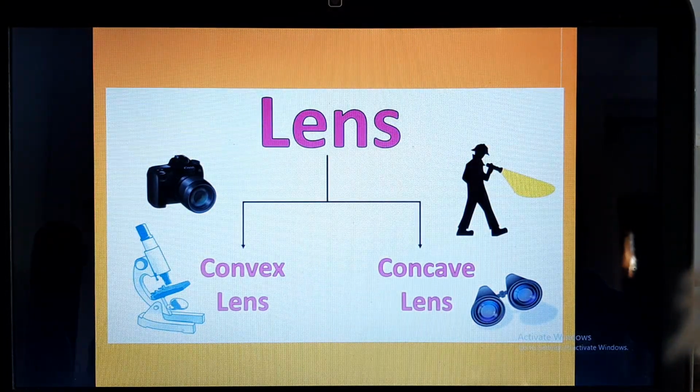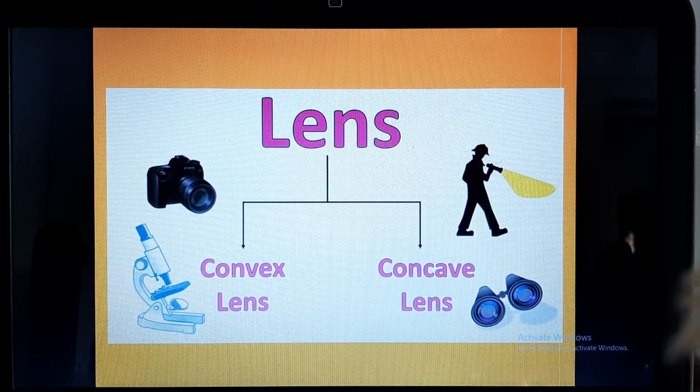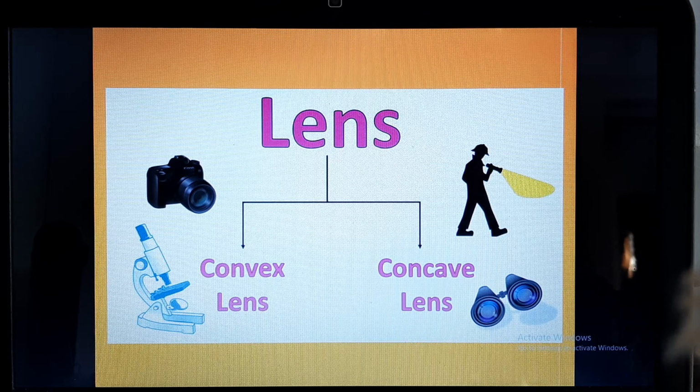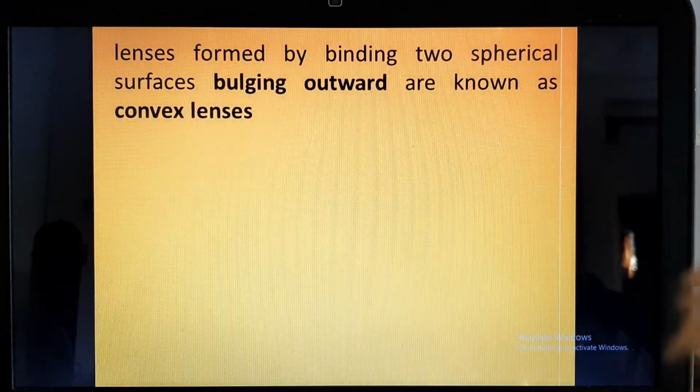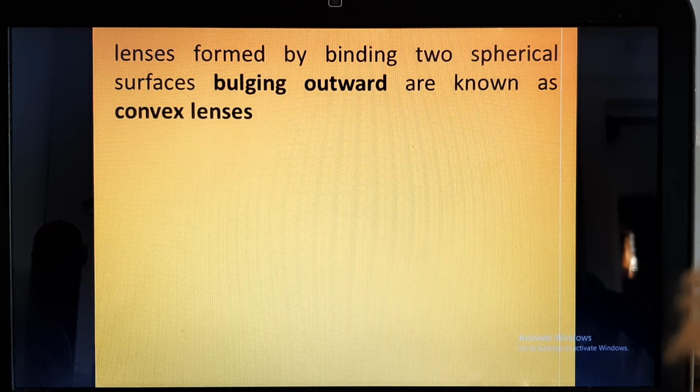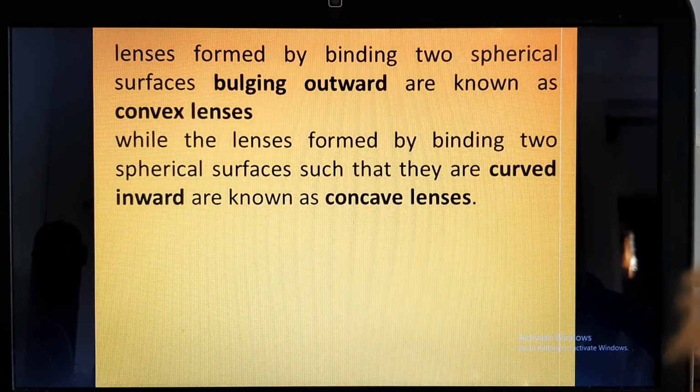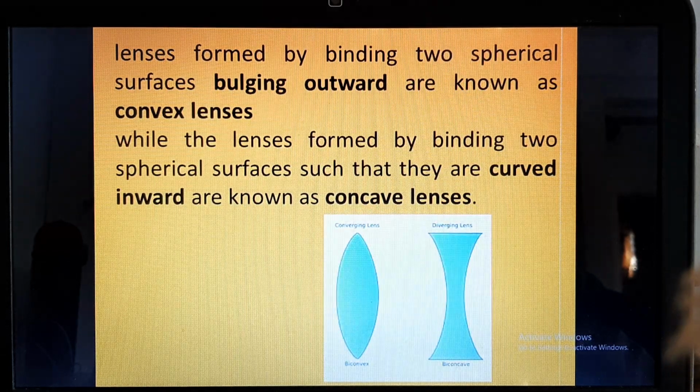So there can be two types of lenses, convex lens and concave lens, like mirrors. Lenses which are formed by joining two spherical surfaces which are bulging outward are known as convex lenses, while lenses which are formed by joining two spherical surfaces that are curved inward are known as concave lenses.